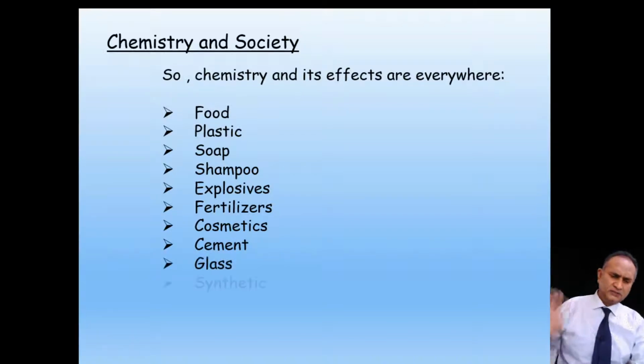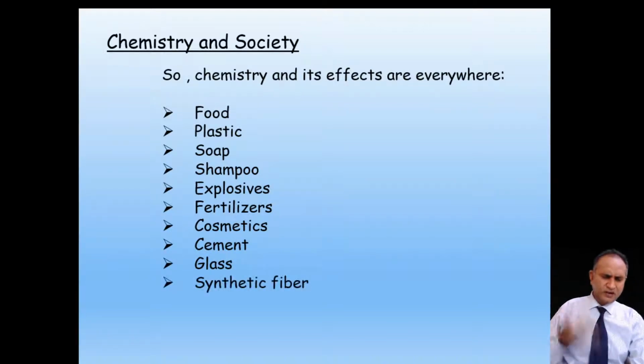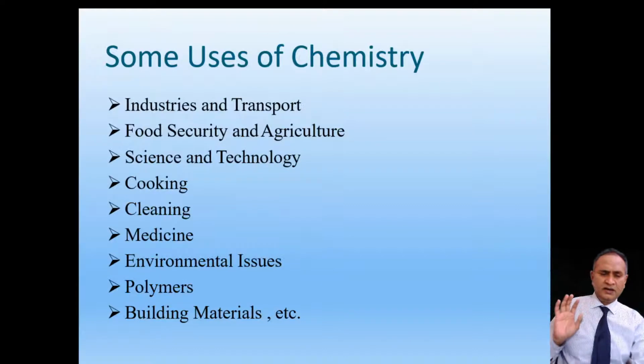There's shampoo, soap, fertilizer, cosmetics, cement, glass, this and that. All are products, blessings of chemistry, right? Similarly, chemistry is related with science and technology, cooking, cleaning, medicine, this and that.